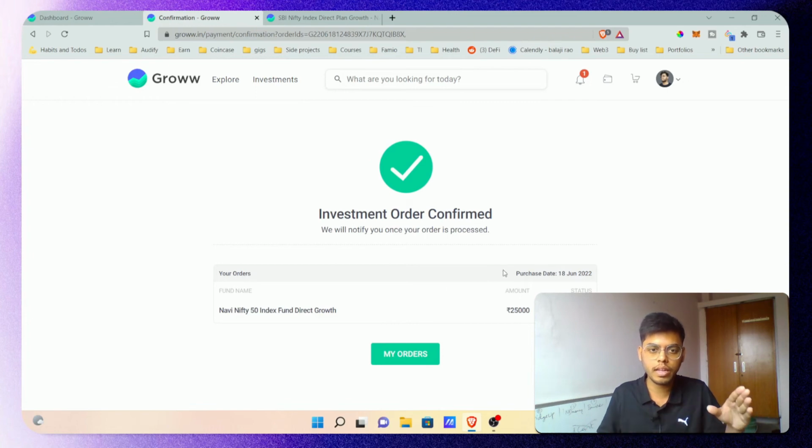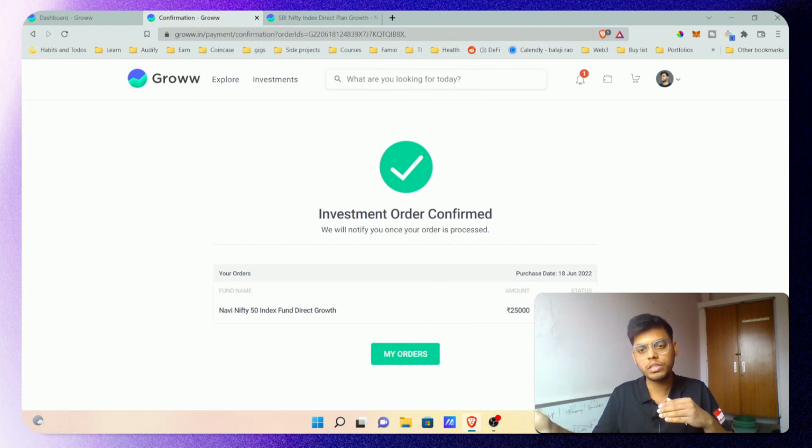Now, it says the order is placed, with the fund name, the amount, and a status. So what happens is, firstly, when I place my order, it is sent to the mutual fund house: Balaji has invested 25,000 rupees in this mutual fund and he wants his units, right?